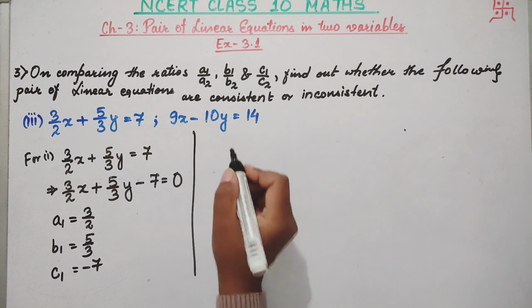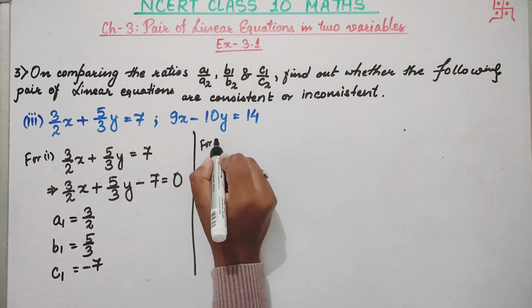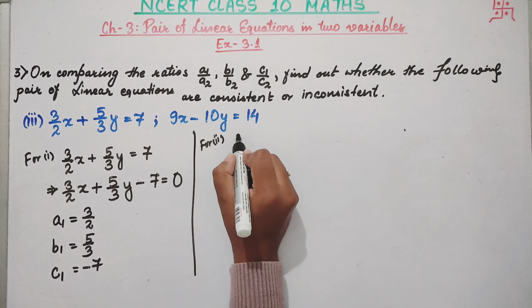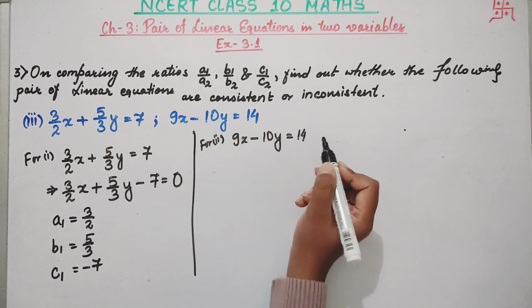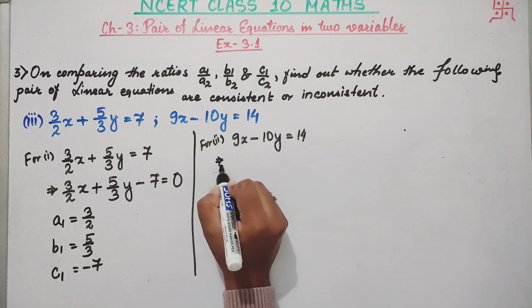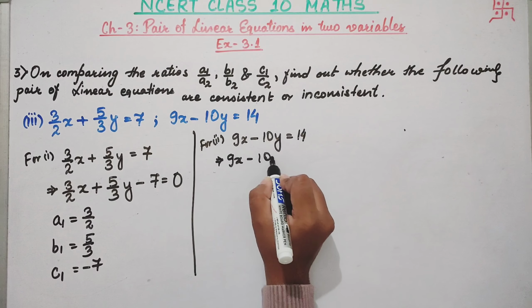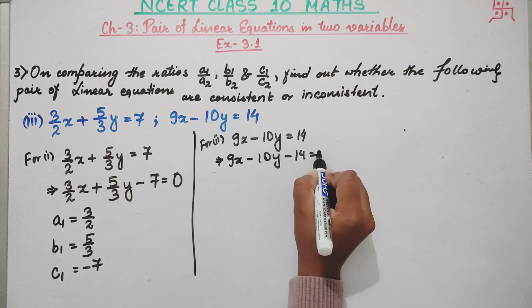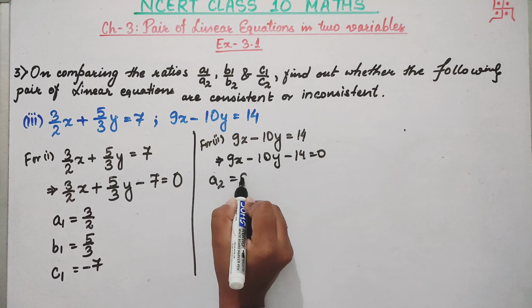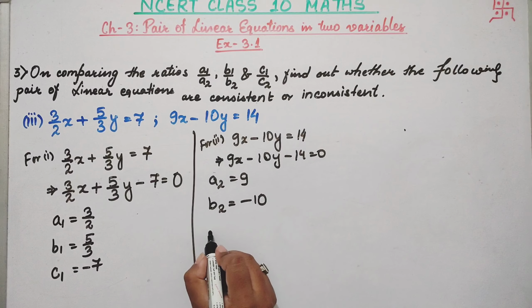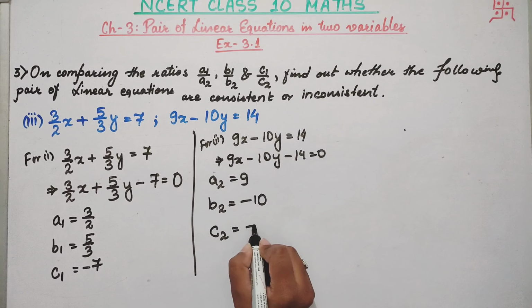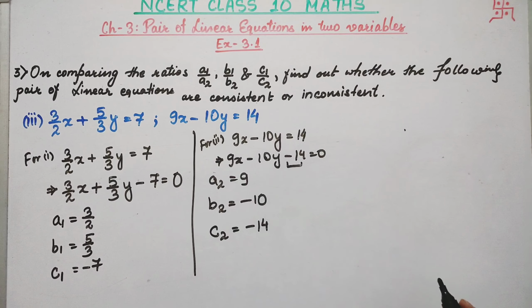Next, for equation 2, 9x minus 10y equals 14, or 9x minus 10y minus 14 equals 0. Here we have a2 equals 9, b2 equals minus 10 as we can see from the equation, and c2 equals minus 14.